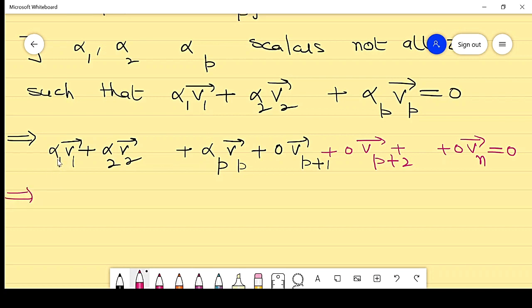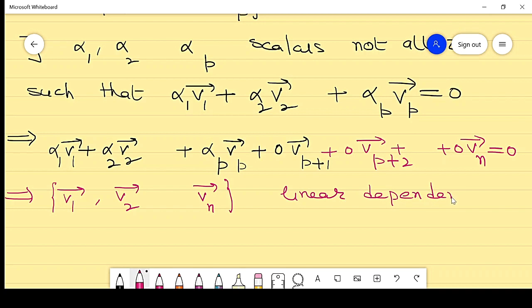Now at least one of these alpha i is again non-zero in this case, then it implies V1 vector, V2 vector and so on up to Vn vector are linear dependent vectors. So again it is a very important result.